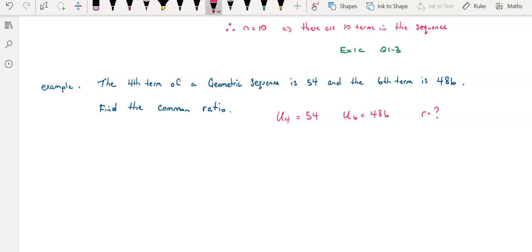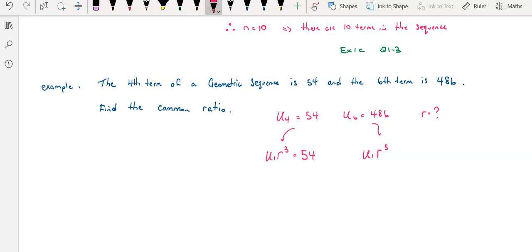So from U4 equals 54, we can say U4 is equal to U1 by R cubed, and that's 54. That's what that information tells me. And this information here informs me that U1 by R to the power of 5 is equal to 486.